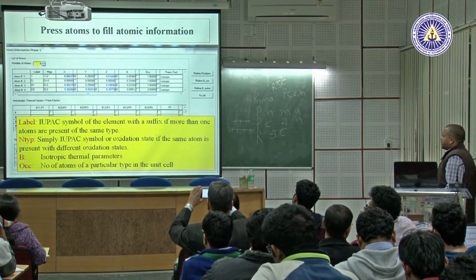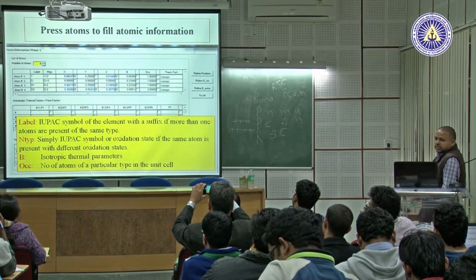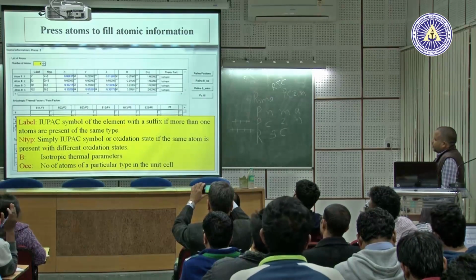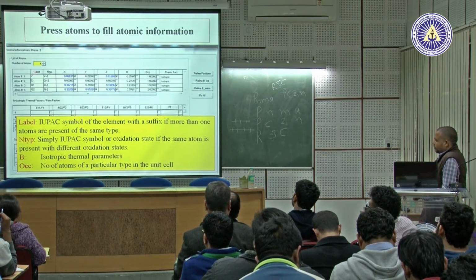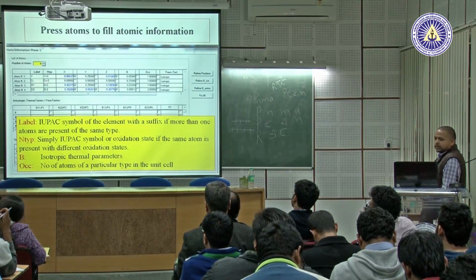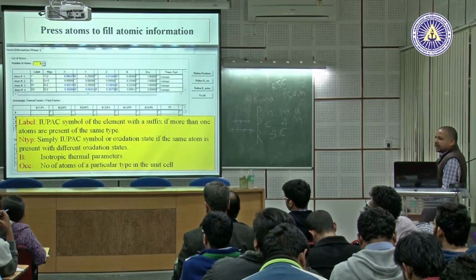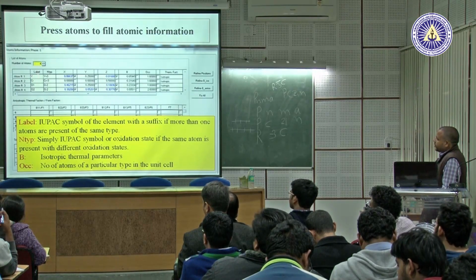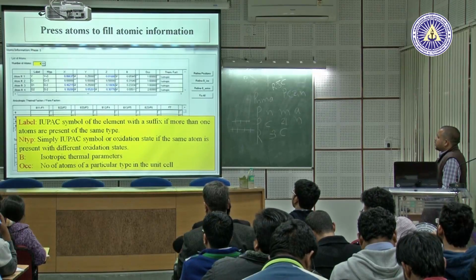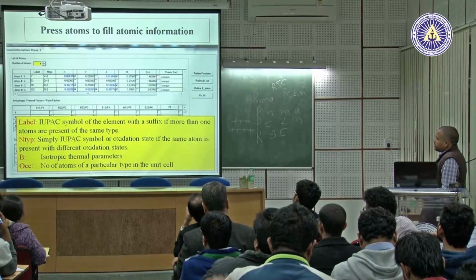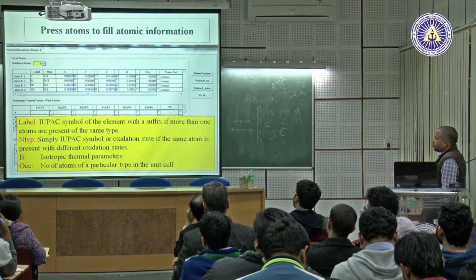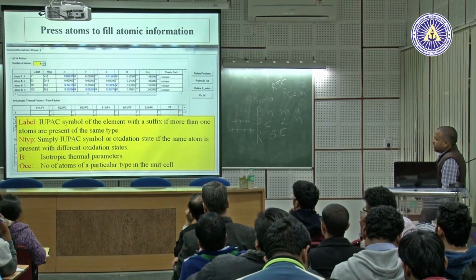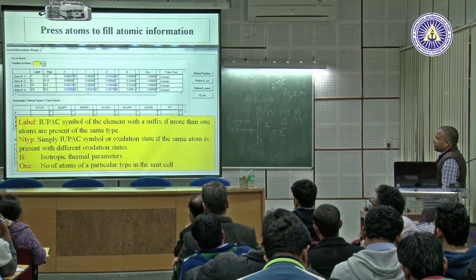Then you refine the atomic positions. Here you can write the formula, like YCrO3: yttrium, chromium, oxygen. The occupancy of yttrium is 1, chromium is 1, and O3, oxygen is 3.